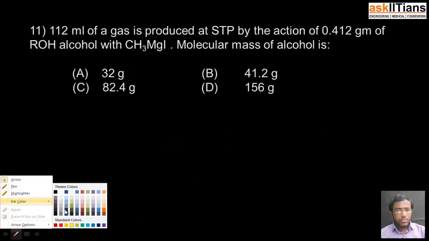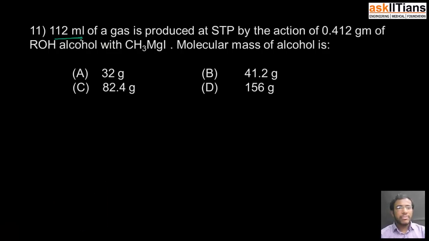The 11th question is: 112 ml of a gas is produced at STP by the action of 0.412 grams of ROH alcohol with methyl magnesium iodide. What is the molecular mass of the alcohol? Let's take down the data given. It is a reaction between a certain alcohol, which we don't know, and CH3MgI.